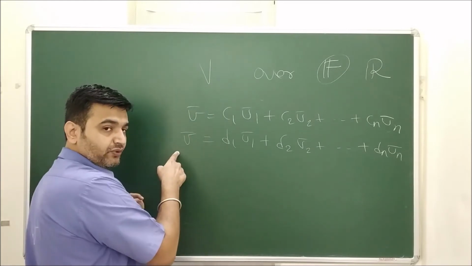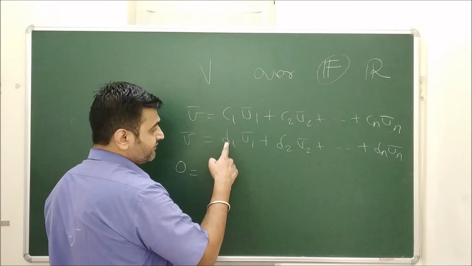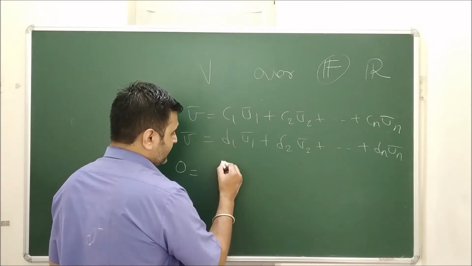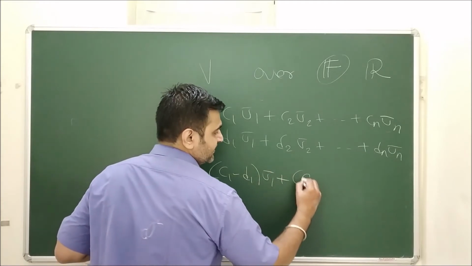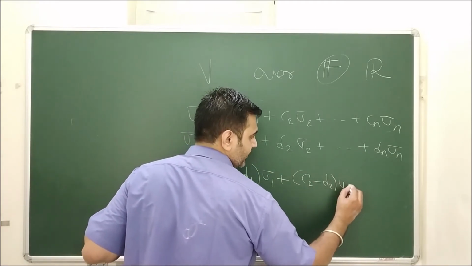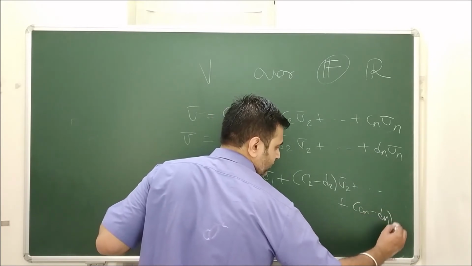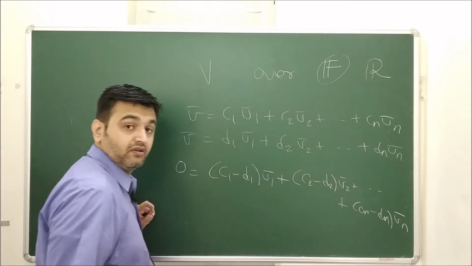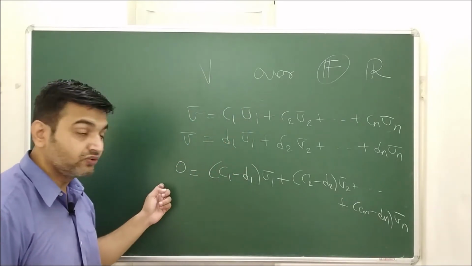If I subtract these two equations, V bar minus V bar is 0 bar. Let me write it down: C1 minus D1 into V1 bar plus C2 minus D2 into V2 bar plus up to Cn minus Dn into Vn bar.